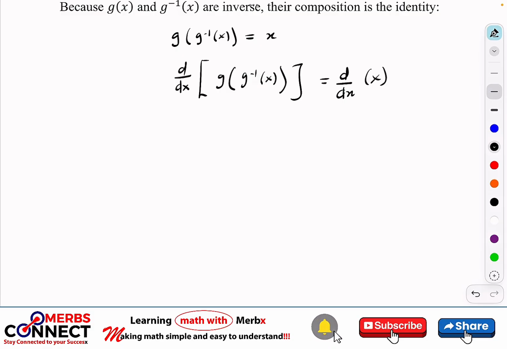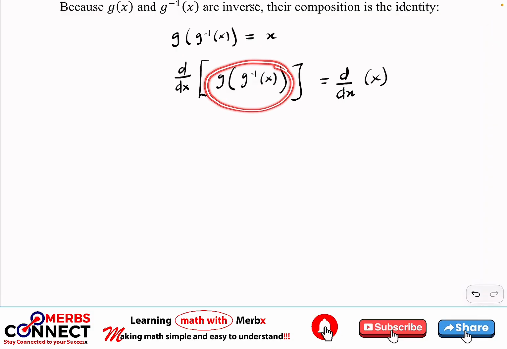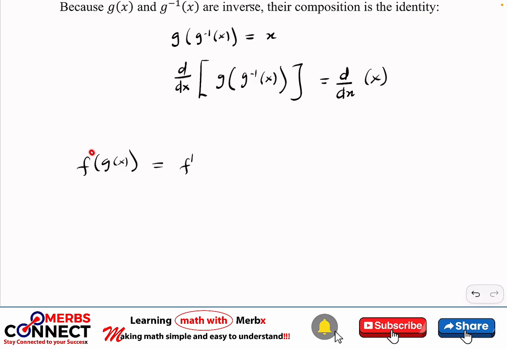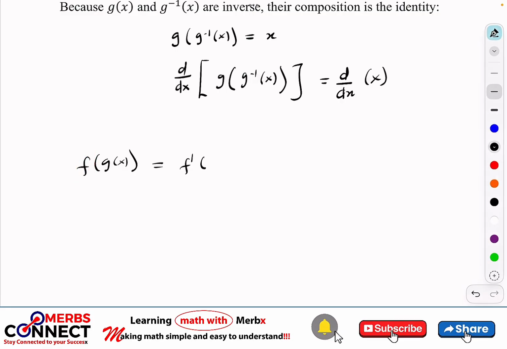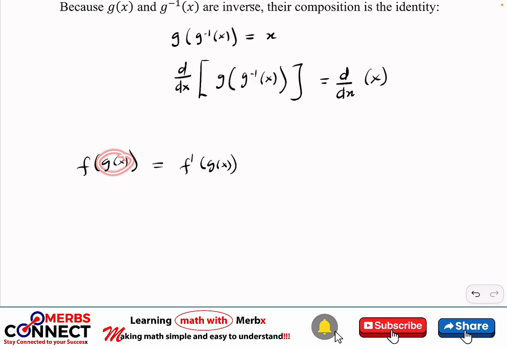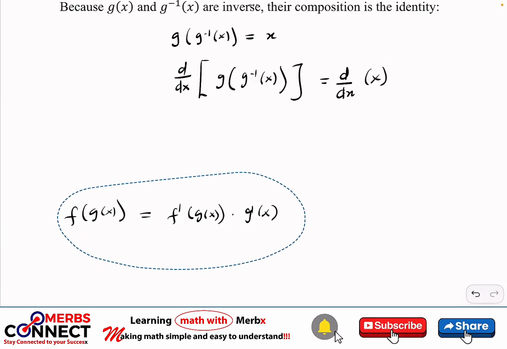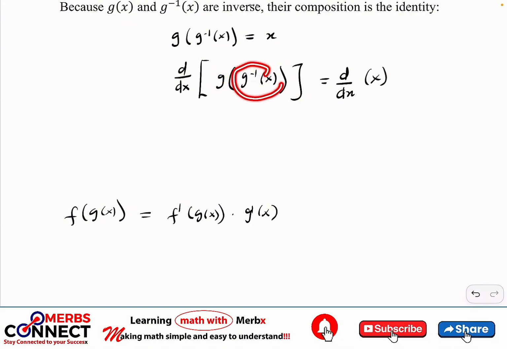Okay, let's continue. So I'm taking the derivative of this using the chain rule. The chain rule says that if I have f of g of x, this is f prime, so I take the derivative of what is outside, and then I keep what is inside. So I didn't touch the g of x. Then I multiply it by the derivative of what is inside, which is going to be g prime of x. So what is outside is g, and what is inside is g inverse.